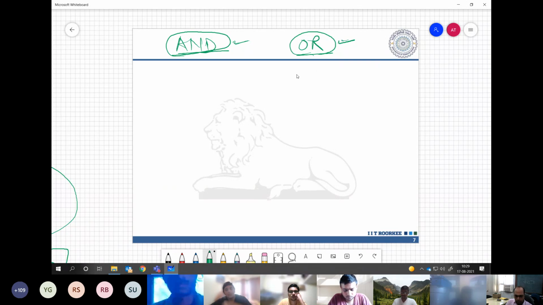So of course, I have said in the beginning that whatever we are doing theoretically over here is actually realized through electronic devices or semiconductor devices. So what are these devices?